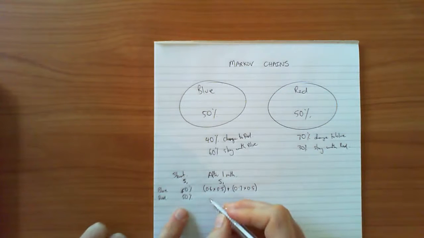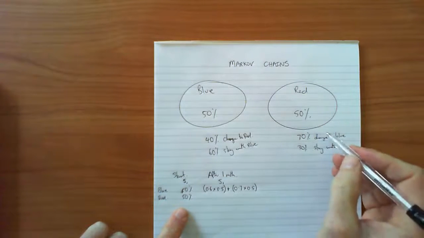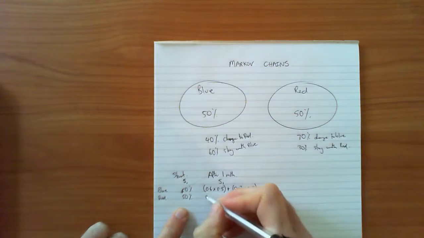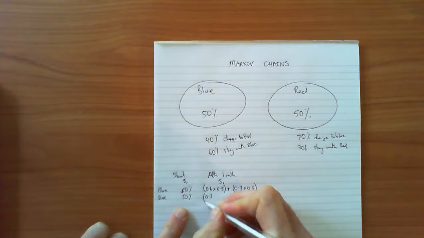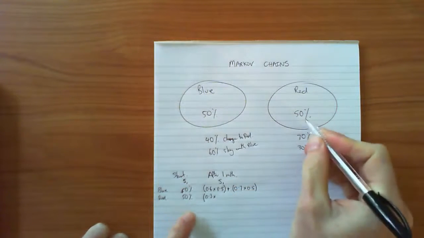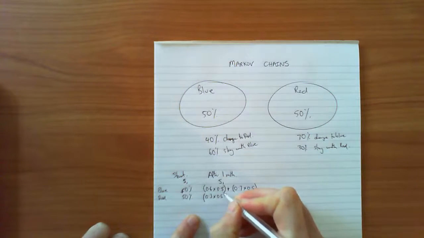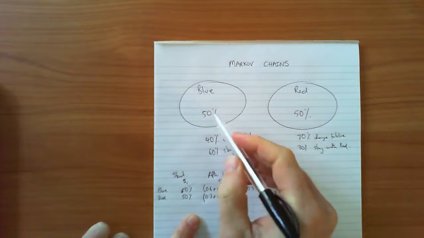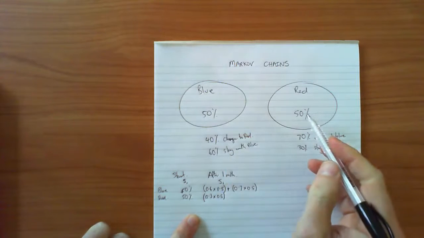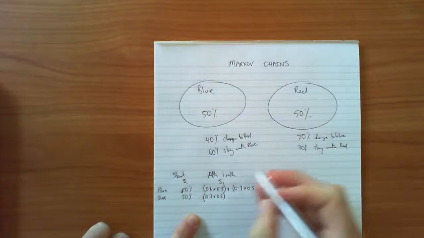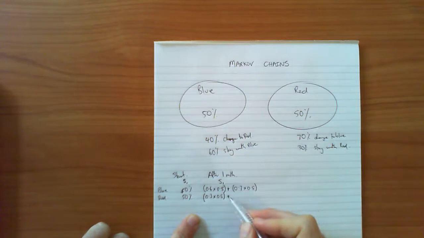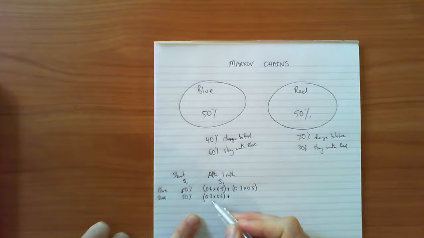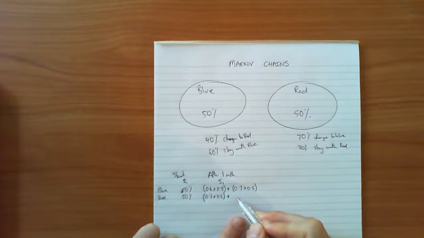The red, well, some of the red stayed with red. 30% stayed with red. So 30% of the current percentage, which was a half or 0.5, they drink red, but also some of the blue drinkers changed over to drink red. So the total proportion of people drinking red will be those that were drinking red and stayed with red, plus those that moved over.